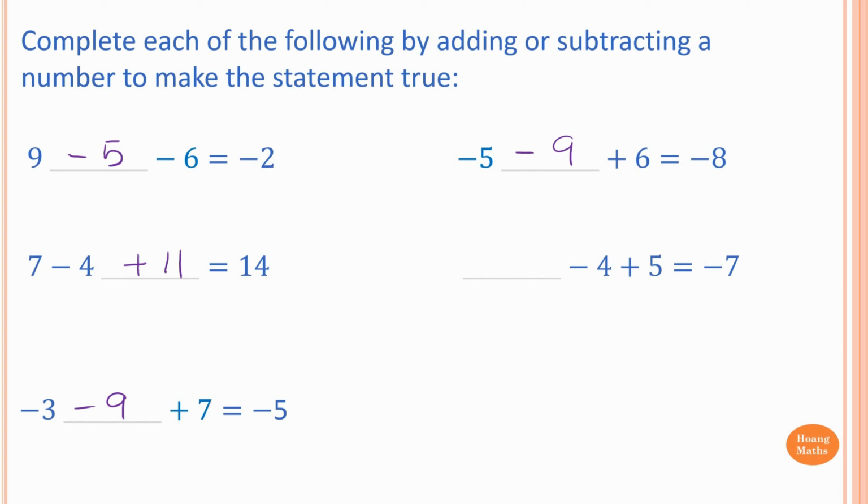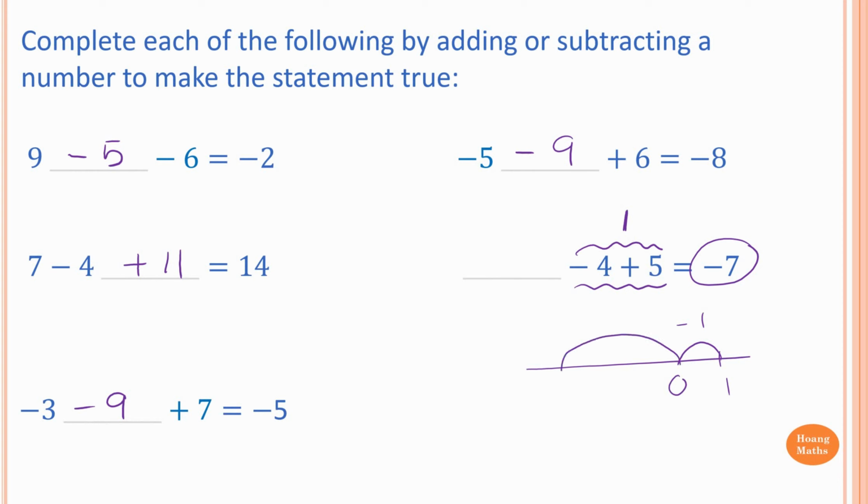Second last one. So plus or minus a number, -4 plus 5 is equal to -7. So we can simplify this first. So -4 plus 5 is exactly the same as 5 minus 4. So 5 minus 4 is 1. Then to get to -7, you start from 1, you move 1 to the left, which is -1, that gives me 0.